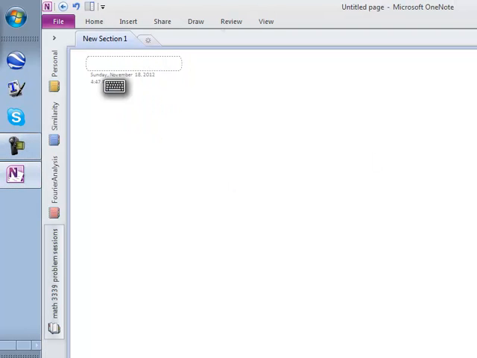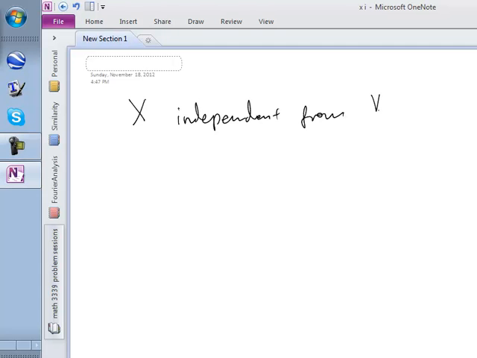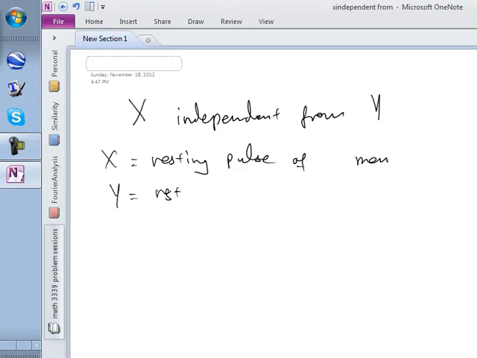We have X and Y, independent random variables, where X is the resting pulse of men and Y is the resting pulse of women.